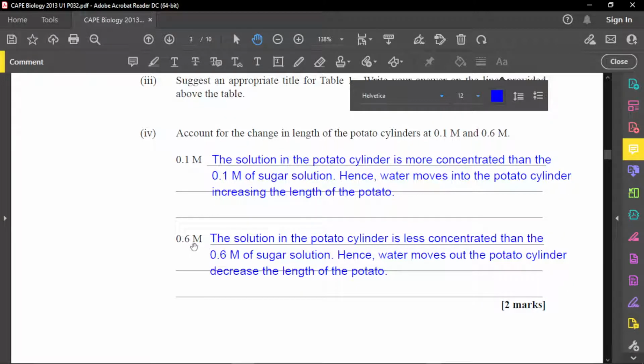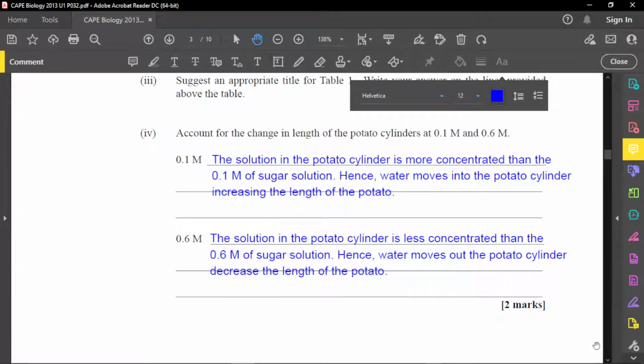Now, in the 0.6 molarity, the solution in the potato cylinder is less concentrated than the 0.6 molarity of sugar solution. Hence, water moves out of the potato cylinder, decreasing the length of the potato. And in this case, this solution will be hypertonic. Okay, so it's hypertonic solution, which means that water moves from inside of the potato cylinder to the outside, where there is a higher concentration of the solute.